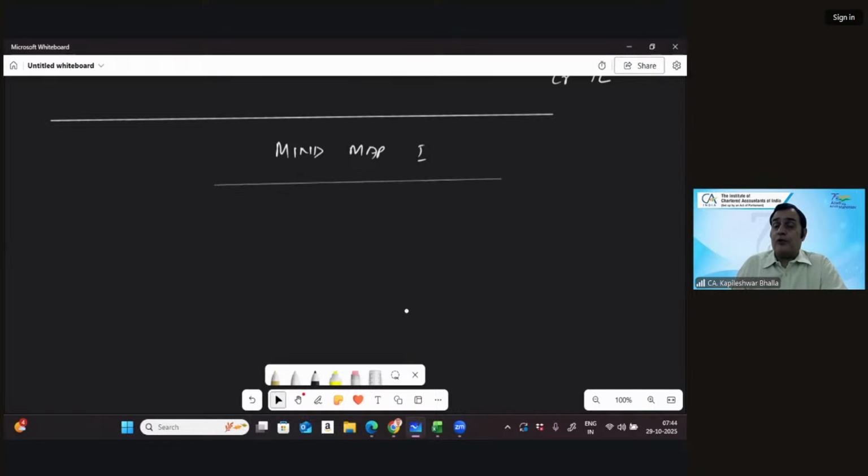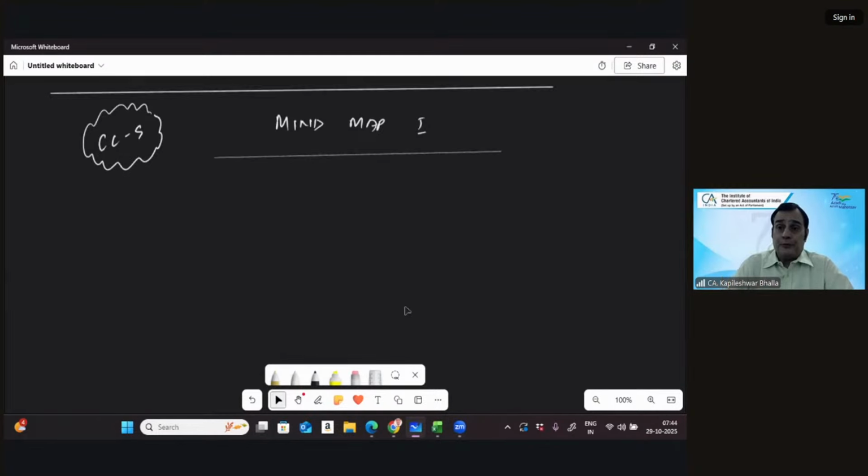Let me make a quick mind map, number one for the day. This is my first mind map for the day, mind map one. This is purely on the concept of CCs, contingent consideration, which is paid in the shareholder's capacity.